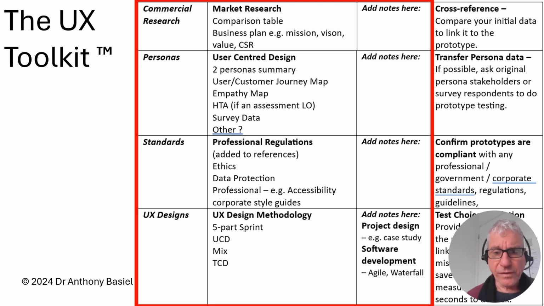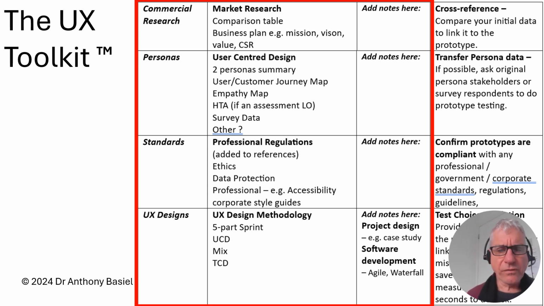Also, be sure to investigate anything in terms of the ethics restrictions that you might have and data protection laws. We want to make sure that any recommendations that are made comply with these. And in terms of professional issues and regulations, be sure to look at the accessibility guidelines.